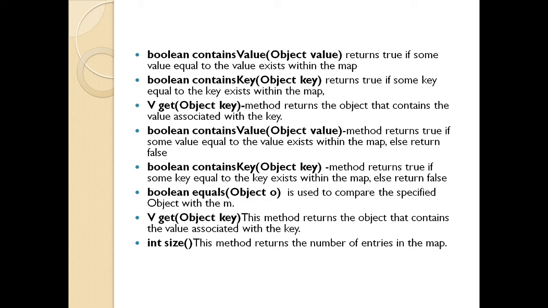Boolean containsValue: I need to pass the value as an object, which will return true if some value equal to that value exists within the map, else it returns false. Boolean containsKey: I need to pass the object as a key and it will check if there is a key which exists in the map, else returns false. Boolean equals(Object o) is used to compare the specified object with the map. The get(Object key) method returns the object that contains the value associated with the key.